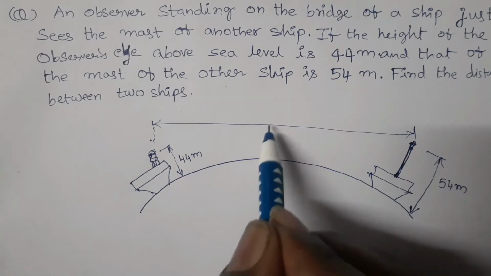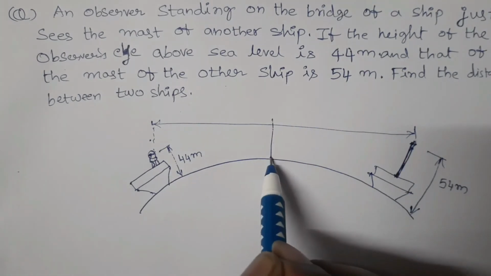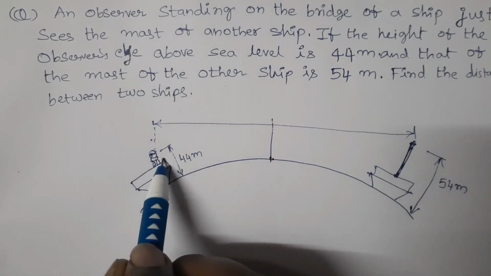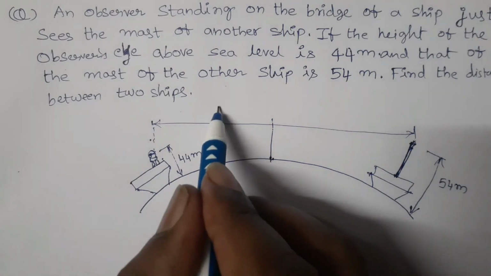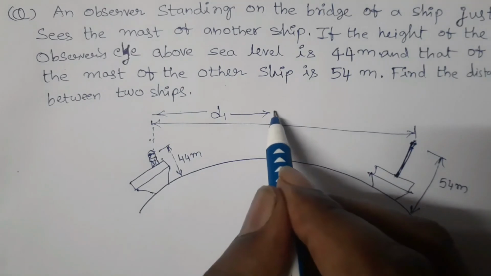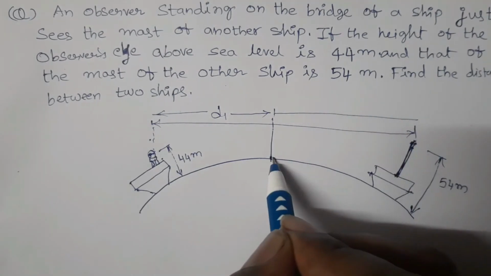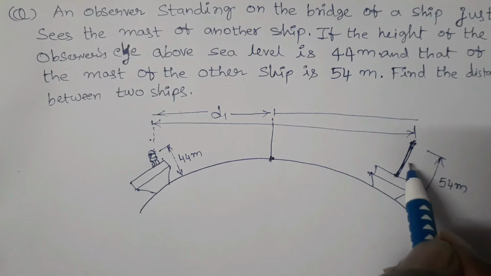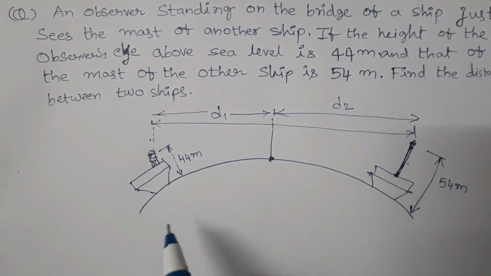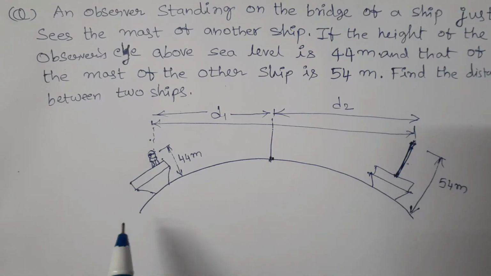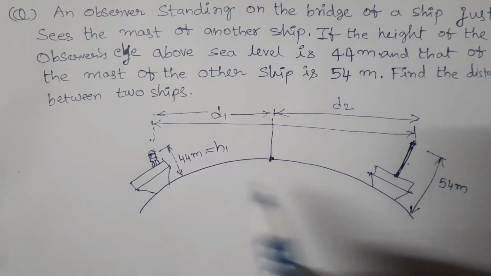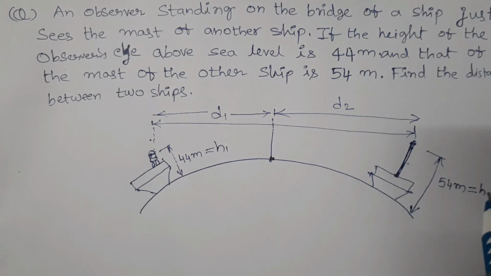So initially we have to get the distance from this point to this point, and then this point to this point. Say it is d1. From point on the curvature of Earth to this point is d2. We know height of the observer's eye. Say it is h1, and the mast height is h2.